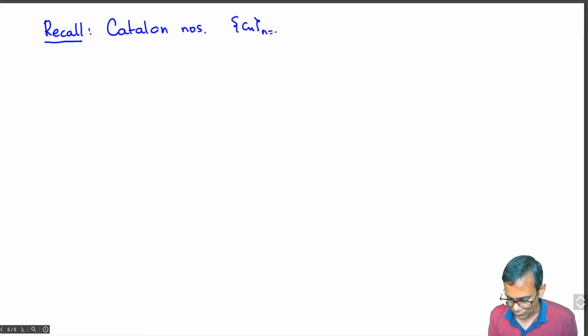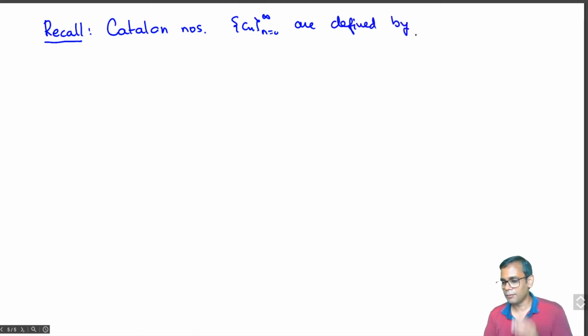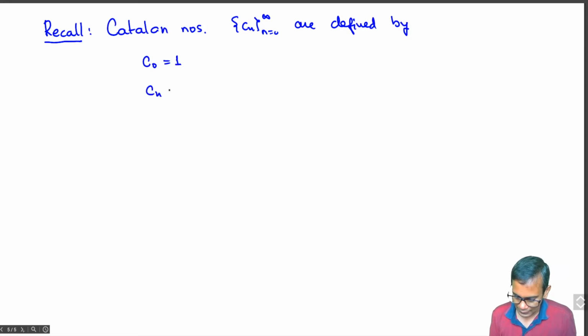The Catalan numbers C_n, n goes from 0 to infinity, are defined by, well, one way is that they are the number of non-crossing partitions of 1 to n, but we'll just take the more pedestrian approach and say C0 is equal to 1 and Cn is equal to the sum over k plus l equals n minus 1 of CkCl.